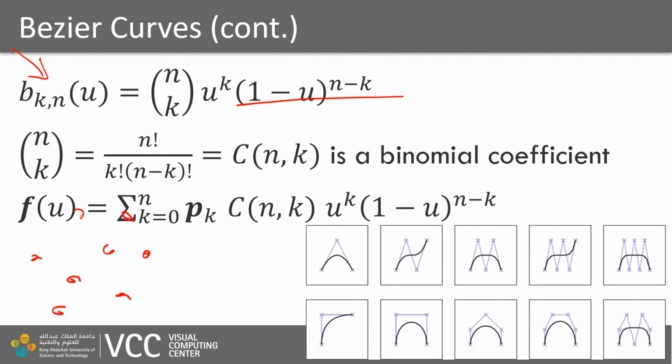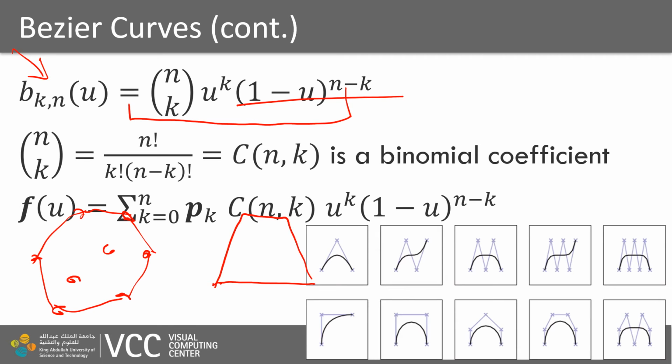We need to create this sum, always multiplied with the corresponding point, and we can see here that the basis function has this formulation, which is actually called the Bernstein polynomials. And from these Bernstein polynomials, we will find out that the formulation actually corresponds to what we described before.